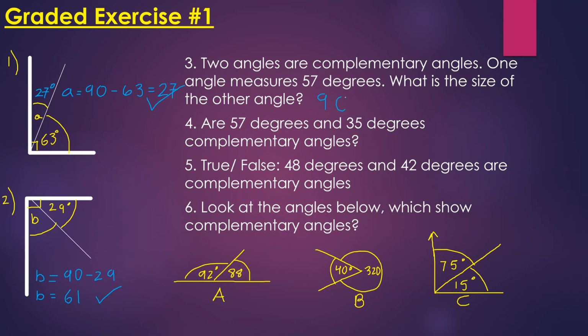Very good. So 90 minus 57 is 33. Anyone else got that for number 3? Yes, sir. Very good, Theo.